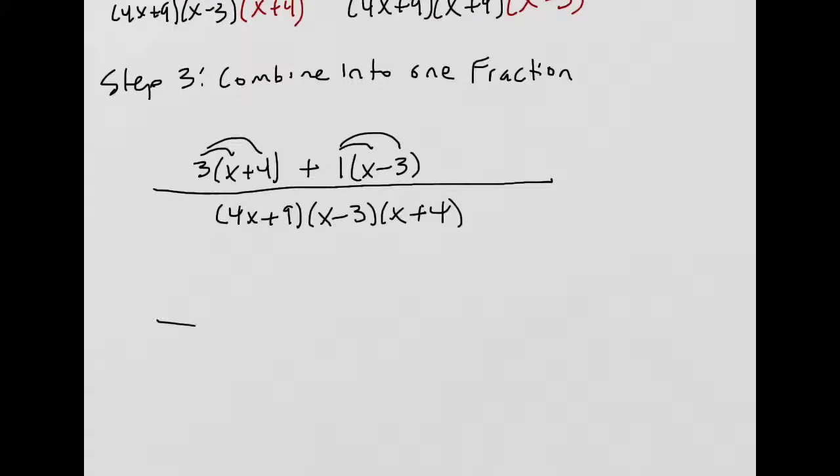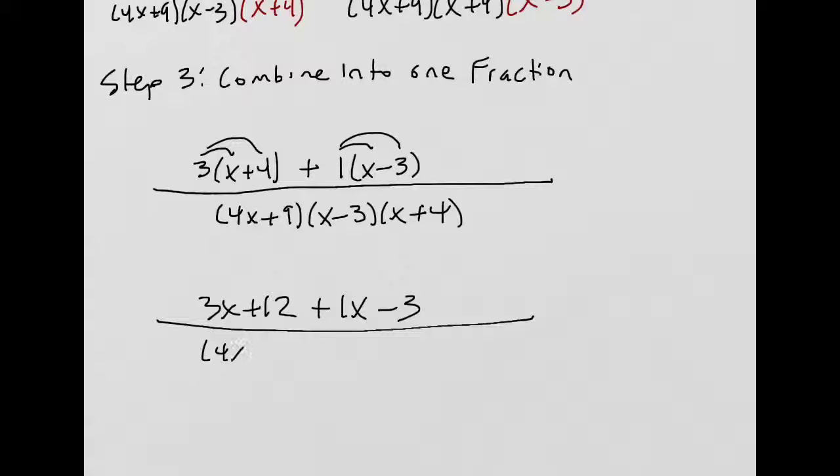So if we distribute the first one, we'll end up with 3x plus 12. If I distribute the 1 through the second one, I'll end up with 1x minus 3, and then my bottom of course just stays the same. So I've got 4x plus 9 times x minus 3 times x plus 4.